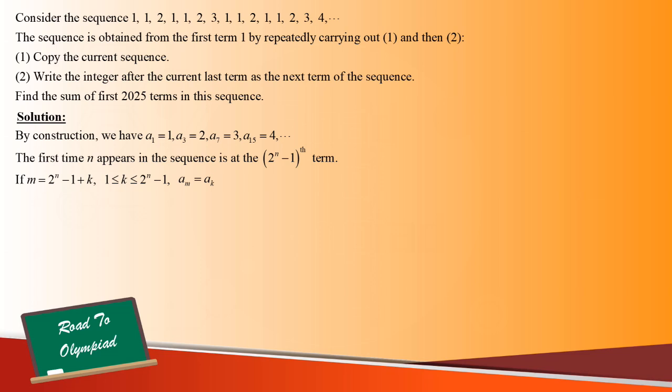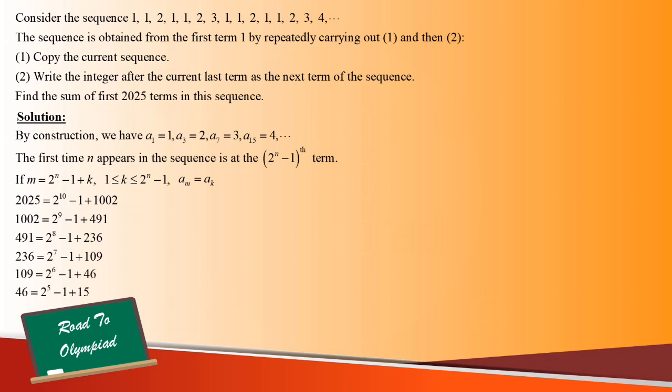With these observations, notice that 2025 can be written as 2^10 − 1 + 1002. And then 1002 can be written as 2^9 − 1 + 491. 491 can then be written as 2^8 − 1 + 236, and so on, until we obtain 46 = 2^5 − 1 + 15.